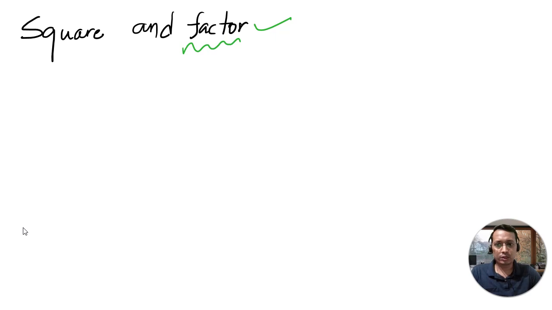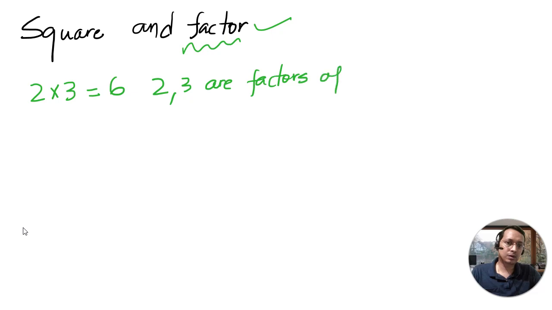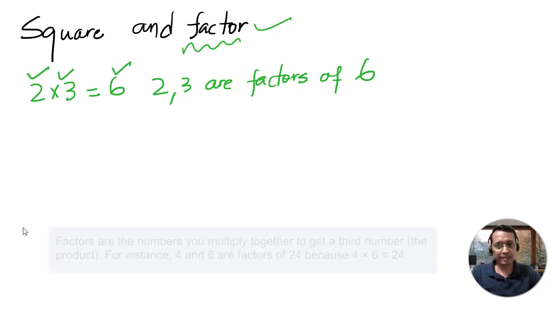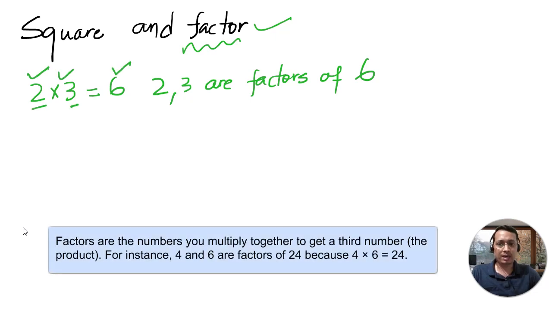If I tell you 2 multiplied by 3, how much is it? 6, right? Now I can say 2 and 3 are factors of 6. The numbers I am multiplying to get the bigger number are called factors of that number.